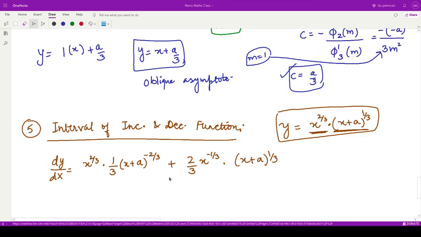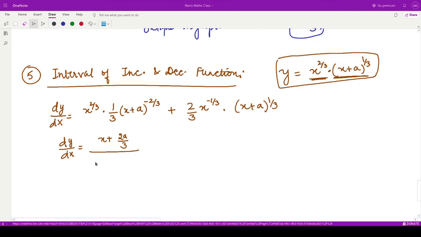So we can very easily simplify this. So let us see what we have after simplification. When you simplify this, you would have dy by dx equal to x plus 2a by 3 divided by x plus a raised to power 1 by 3 whole square, and then x raised to power 1 by 3.